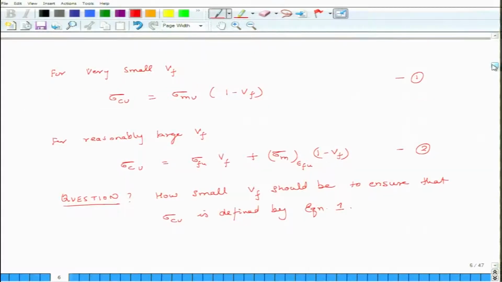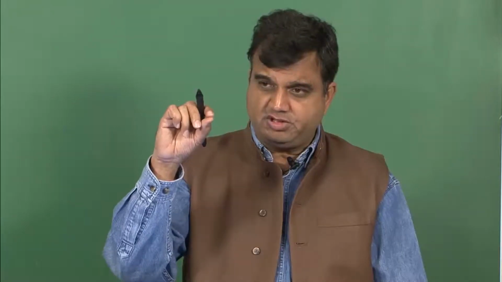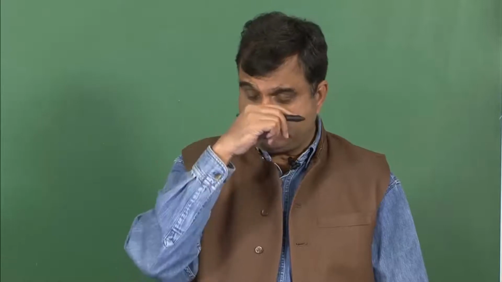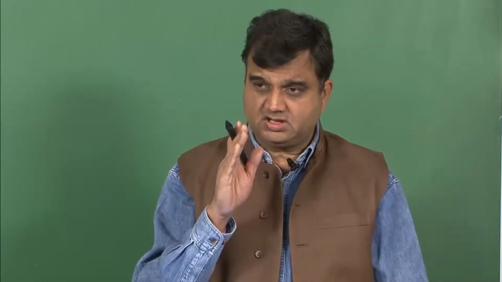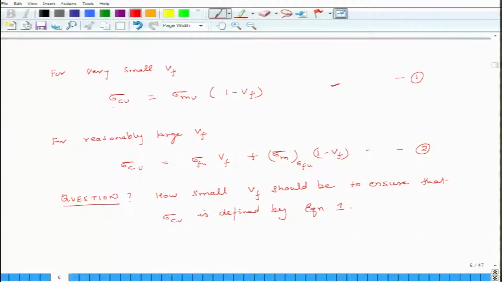The way to find the answer to this question is this: at 0% fiber volume fraction, equation 1 holds. As I increase it by a very small amount, equation 1 still holds, and then there will be a crossover threshold where equation 1 will not be valid and equation 2 will be valid. So, the fiber volume fraction has to be at least a certain percent, and that can be found if we equate sigma Cu from equation 1 and sigma Cu from equation 2.